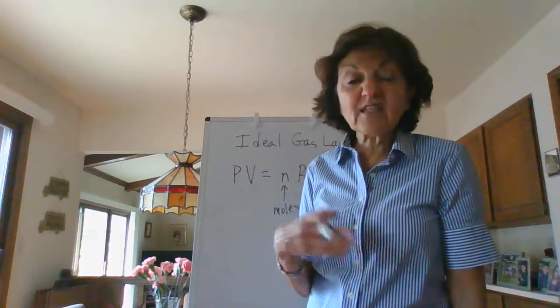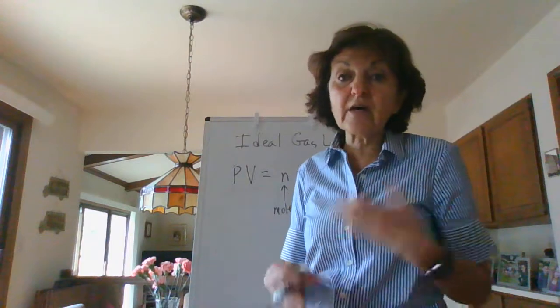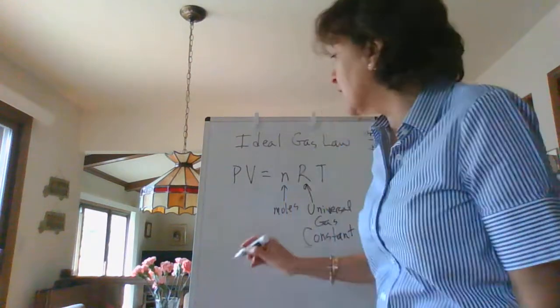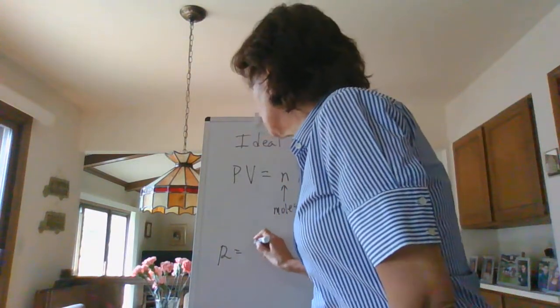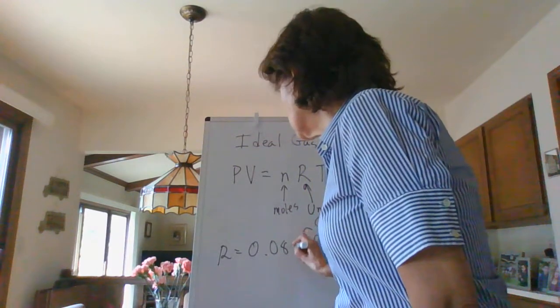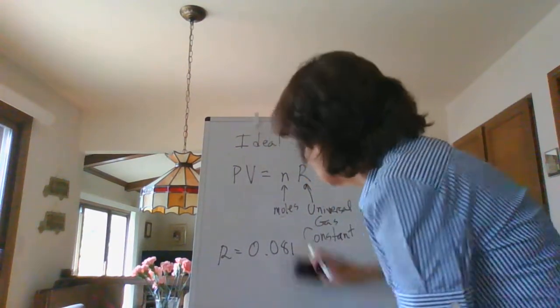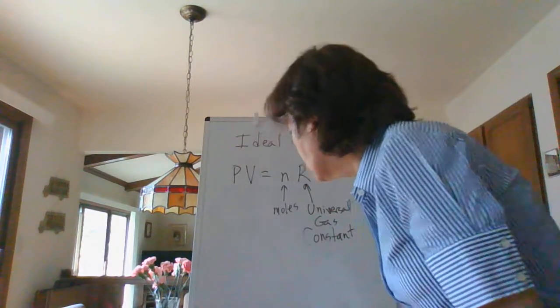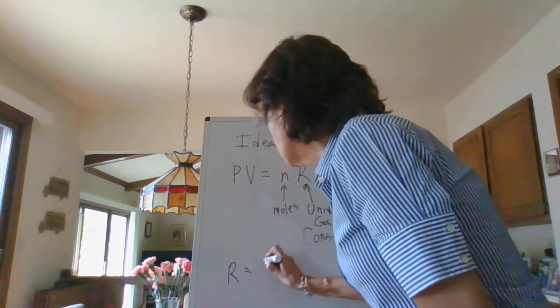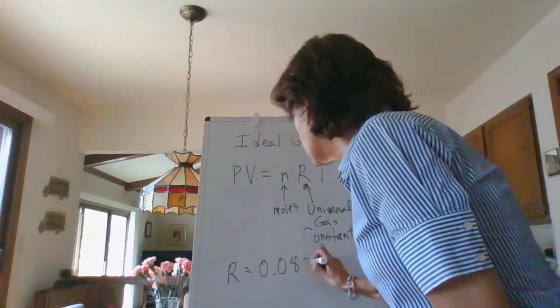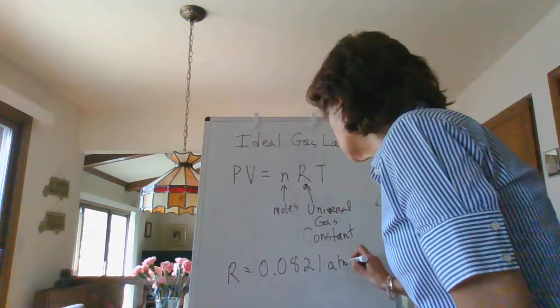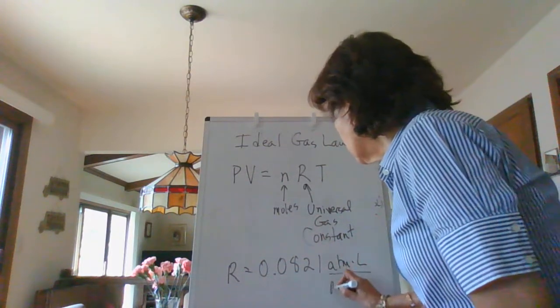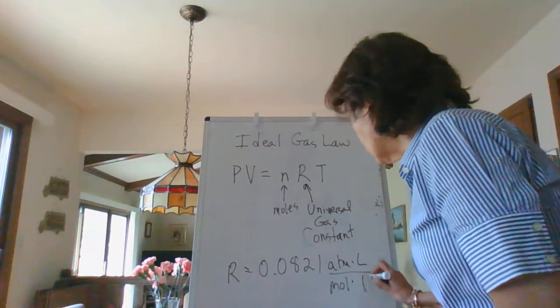In general, I tend to use the typical R value that you probably learned in intro chem, R being 0.0821 atmospheres liter over mole Kelvin.